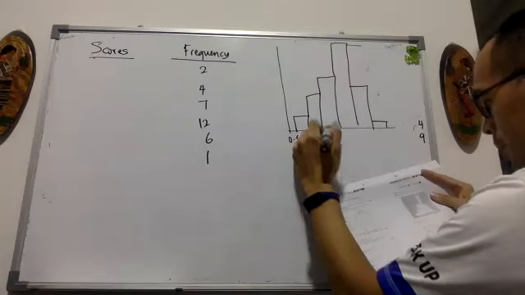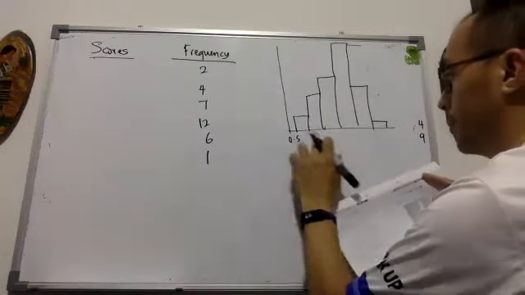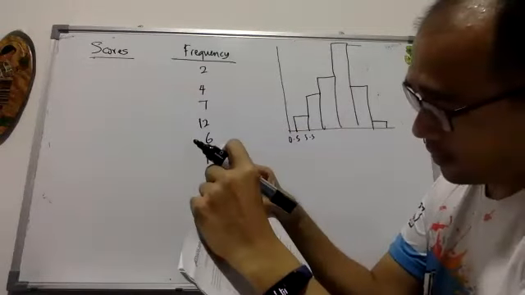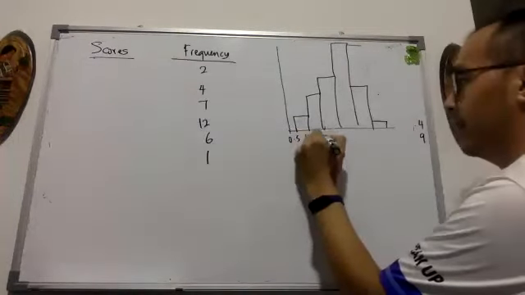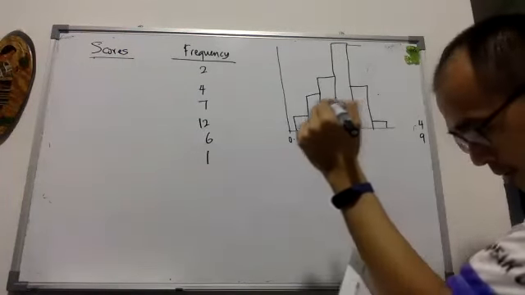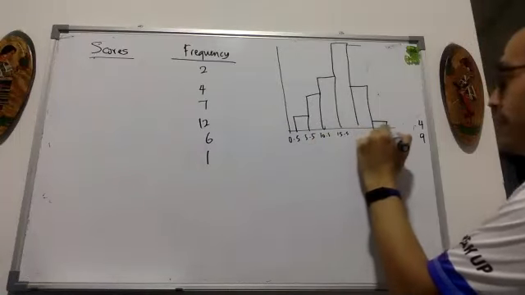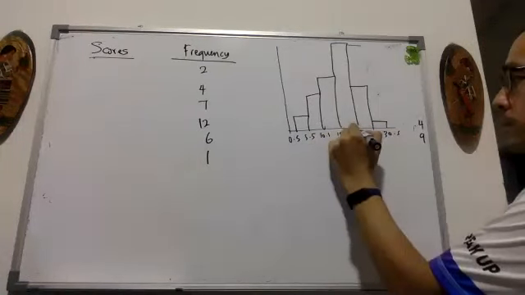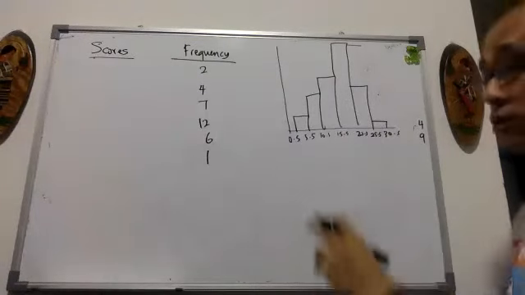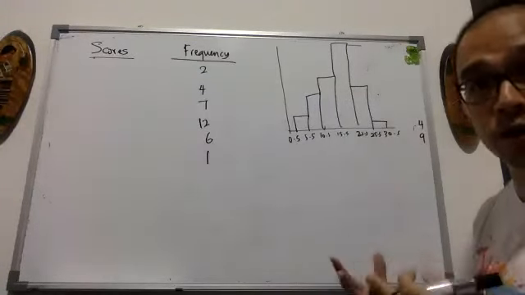Then after that is 5.5, 10.5, 15.5, all the way until 30.5. Remember, as long as you see 0.5, those are the boundaries.